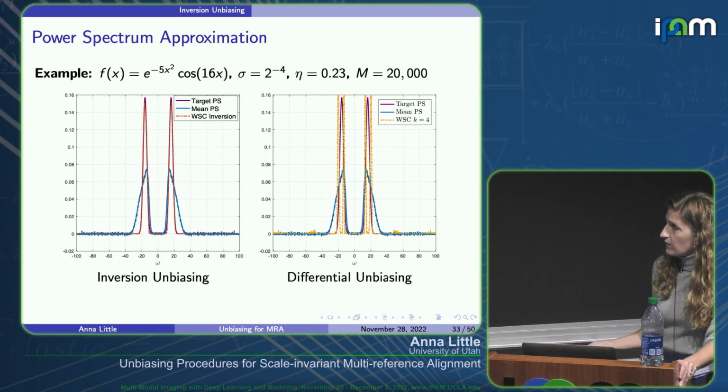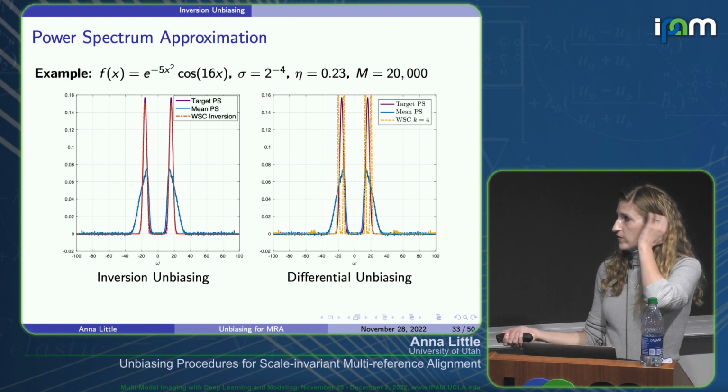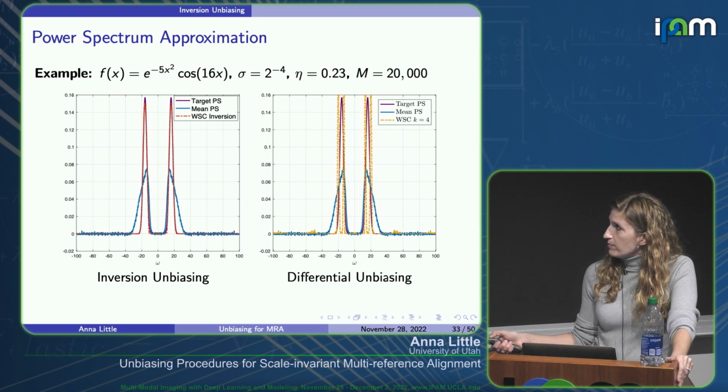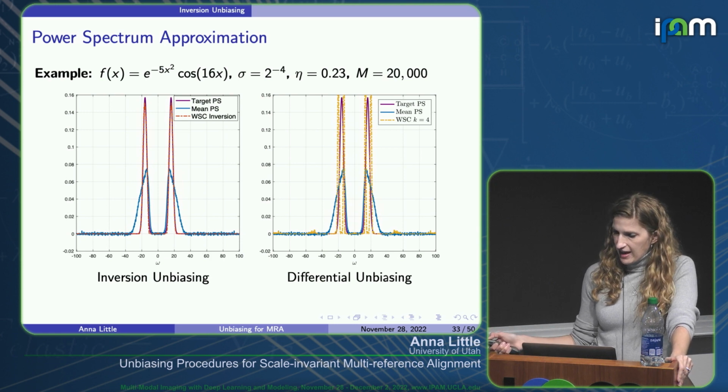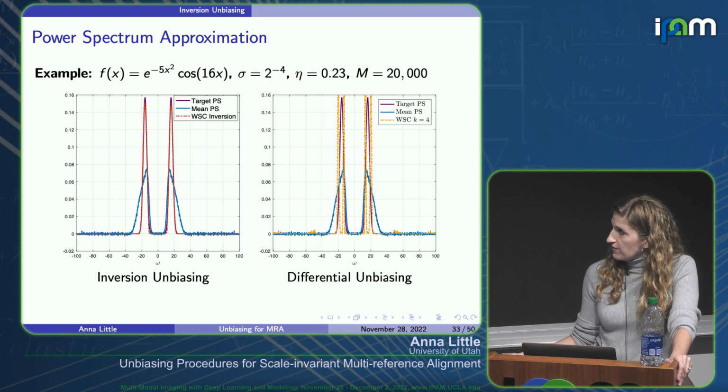Just to give you an idea of the improvement over the differential unbiasing, here we have a medium frequency signal, and on the left are the results of the inversion unbiasing. The mean power spectra are the blue, which are very far below the true power spectra of the signal.